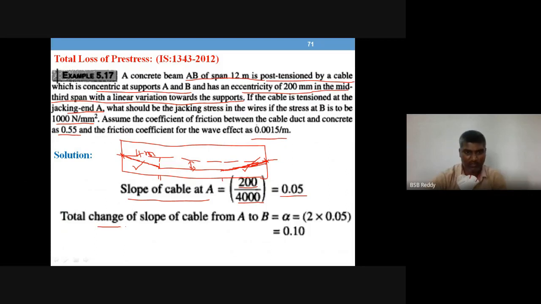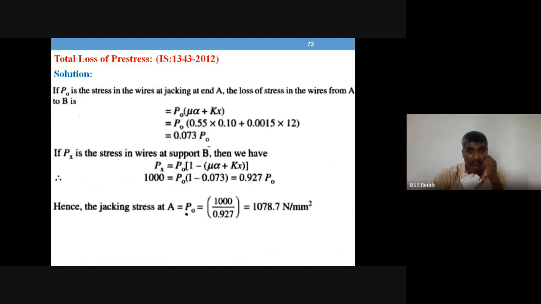So total change of slope occurs two times in the entire portion. From the first one third it is 0.05, plus 0 in the middle third, then after that again 0.05. So total slope is 2 times 0.05. Right, next.